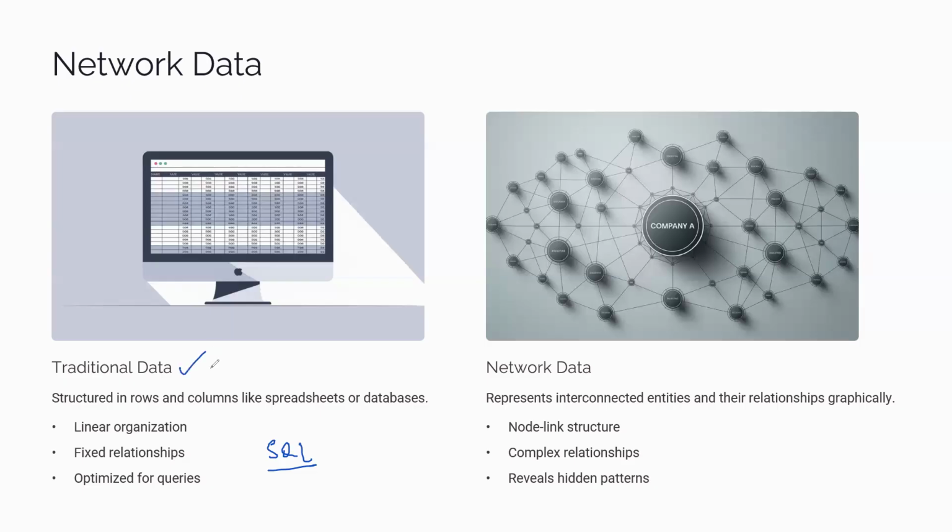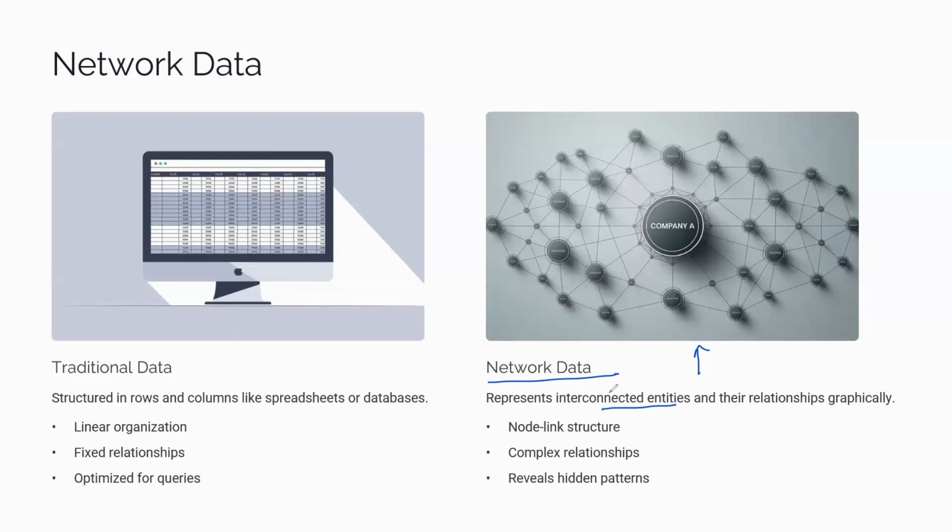But there are other types of representations that we also have to understand, and one of them is network data. Network data is a graphical representation like in this image. Here we are trying to represent interconnected entities and the relationships between them in a graphical manner.